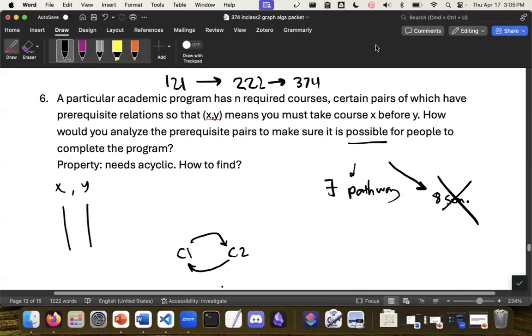So how do we do this? How do we figure this out? How do we tell if there's a cycle? Any ideas? Yeah. If every vertex has a prereq, then there's a cycle. If every vertex has a prerequisite, then there's a cycle. Yes. So that is the answer, but how do we figure out that that's the case in our graph?